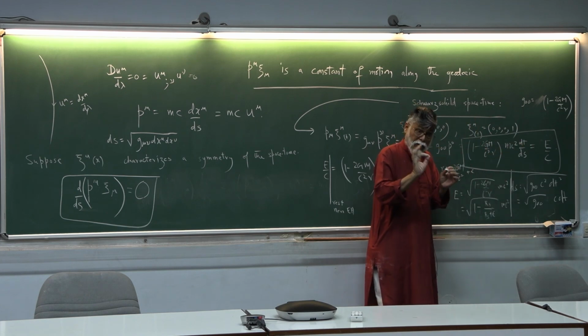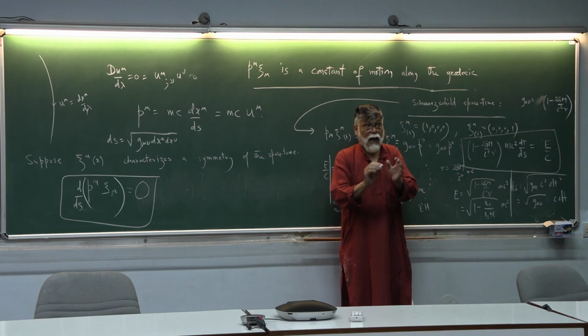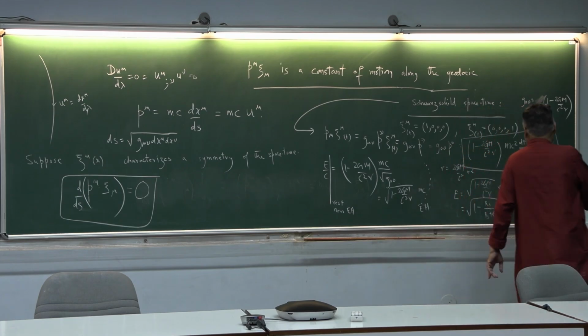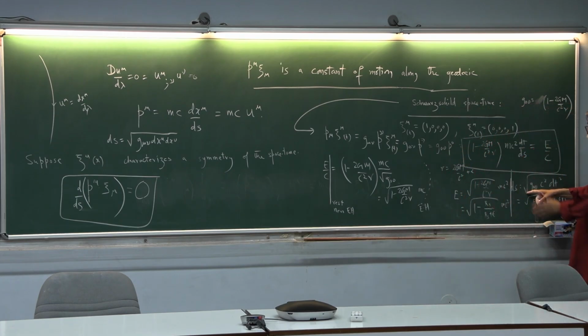All I am saying is, suppose I am interested in finding out the energy of a particle which is almost at rest. What is this energy? Almost at rest meaning what? That's what I did this calculation. I want to calculate for a particle which is almost at rest, what is dt by ds? ds is square root of g00 dx0 whole square plus g0i, etc. But for a particle at rest, all the spatial components dxi are 0. The only term that will survive is this.